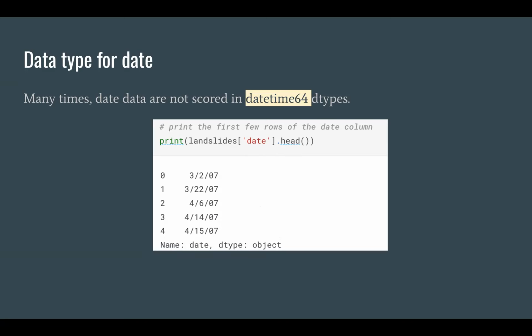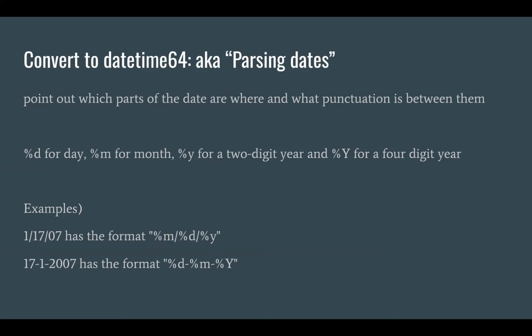Converting to datetime64 is also known as parsing dates. Now that we recognize that whenever we first import, the date column might not always be recognized as a date, it's important to learn how to convert them to datetime64 so that it is recognized as a date.